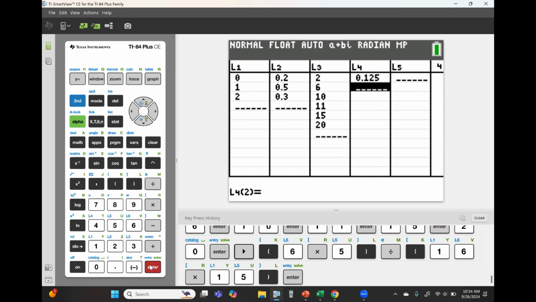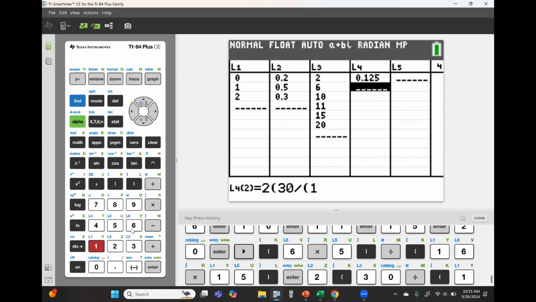So what was the next one? It ended up being 2 times, because it's 6 over 16 times 5 over 15 plus 5 over 16 times 6 over 15. So it ends up being 2 times whatever that was. So I can go 2 times, then I have 30 divided by, and what are we dividing it by? 16 times 15?